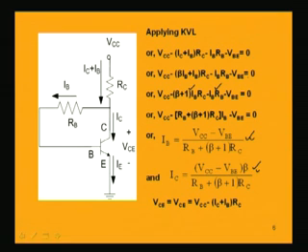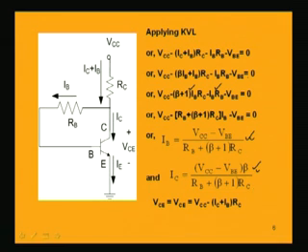Now, what is the value of collector to emitter voltage, that is required to be known. So, VCE can be found out if I travel from VCC towards ground through the collector emitter part. So, starting from this point, VCC minus (IC plus IB) into RC minus VCE equal to 0.